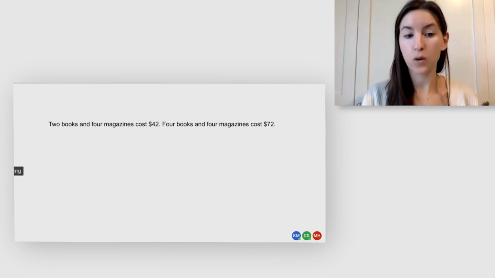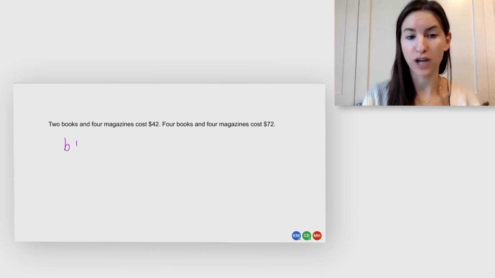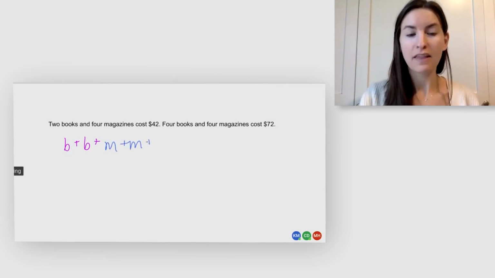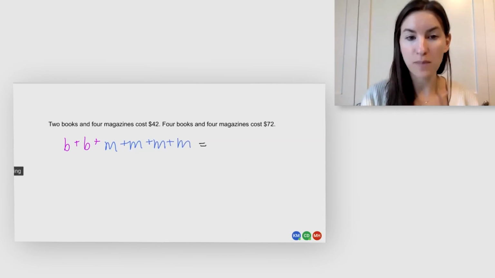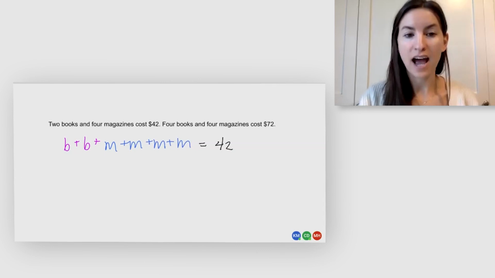2 books and 4 magazines cost $42. 4 books and 4 magazines cost $72. This situation, once again, involves 2 unknowns: the price of each book and the price of each magazine. Once again, I want to focus on the relationship between the 2 combinations.